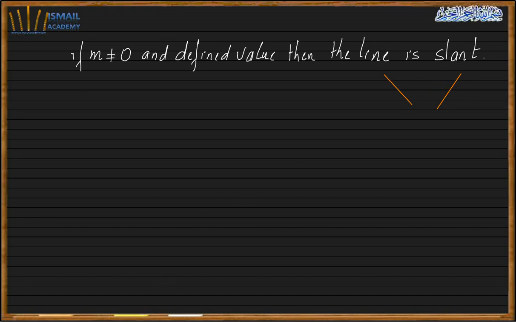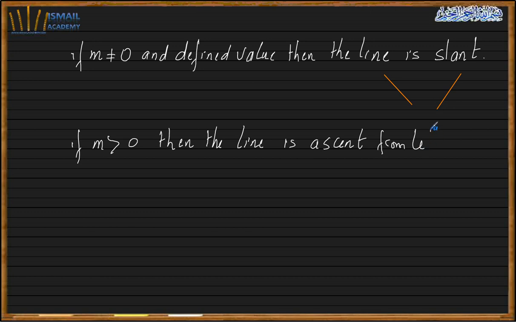So if the slope is positive, then the line is ascent from left to right, that means this direction, so I will have that shape.